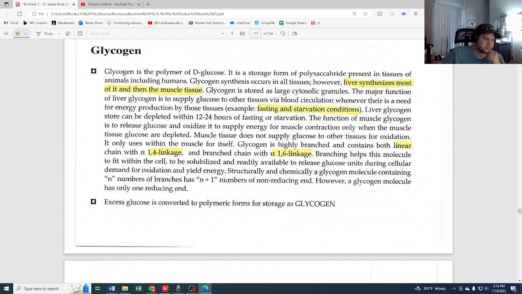Branching helps this molecule to fit within the cell, to be solubilized. That's a weird word. It's in order for it to be soluble, and really able to release glucose units during cellular demand for oxygen and yield energy.